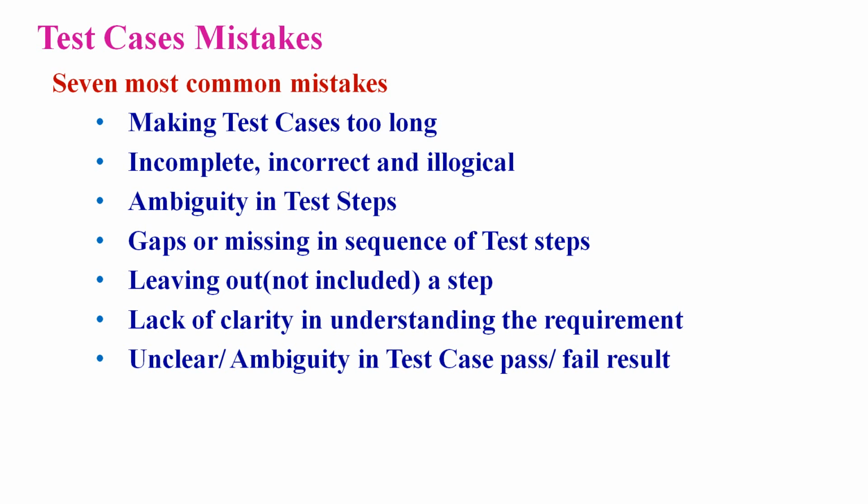Ambiguity is nothing but confusion, lack of clarity. So, while writing the test steps in the test case, the software test engineer has to take precautions that there should not be any ambiguity in the test steps. That means the software test engineer has to follow the sequence of these steps.